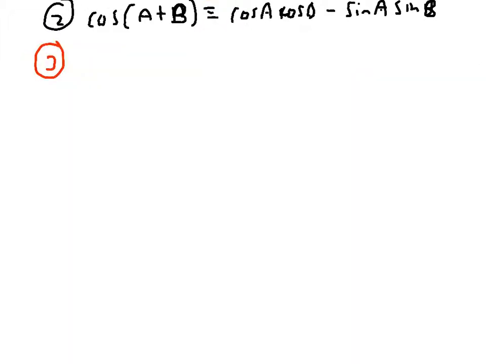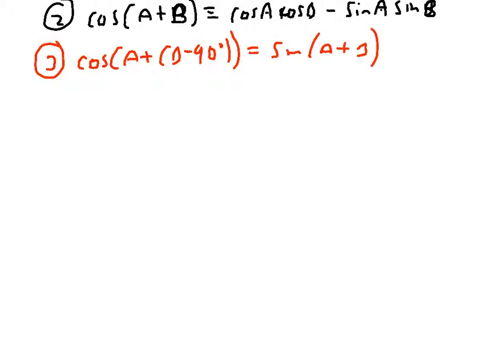Okay, and from this second result, the cos ones were quite easy, but now we need to find out the sine version of these. So from the second result, I can find out the sine version of sine A plus B. And the way I can do that is to recognize that cos A plus B minus 90 degrees is actually the sine A plus B graph, because we know that cos A looks like that, right?